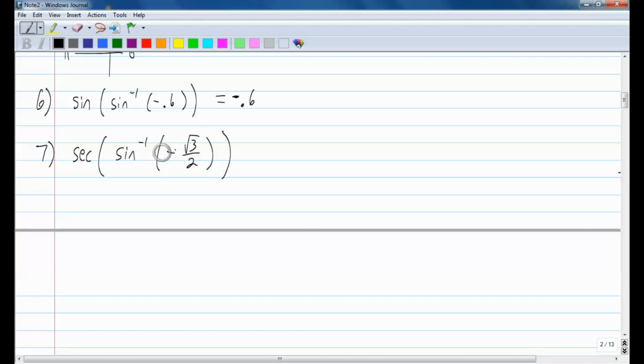So the way that I work this using x, y, and r is I say if I want to know the inverse sine of negative square root of 3 over 2, then that means that the sine of some angle measure is equal to negative square root of 3 over 2. And sine in terms of x, y, and r is y over r.